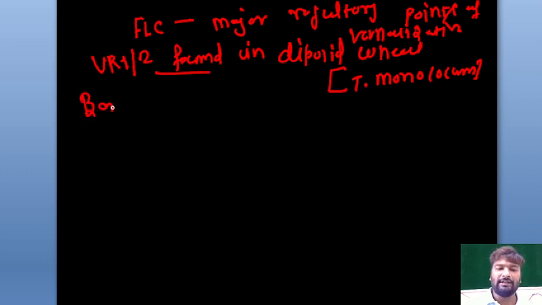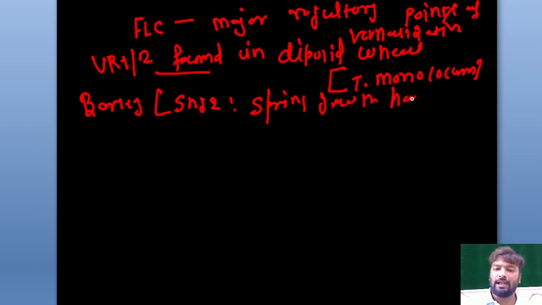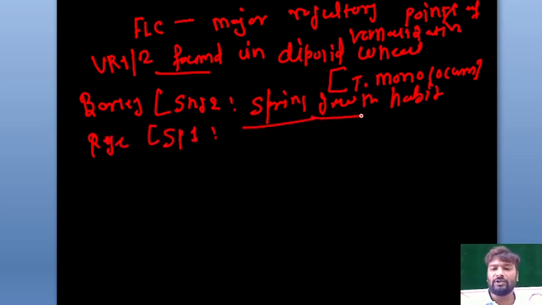In barley, SSG2, spring growth habit. And in rye, SP1, related to spring growth habit. This gene causes the vernalization process.